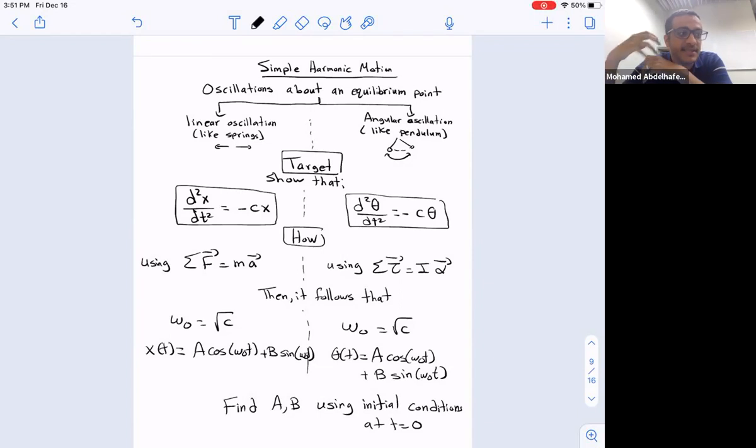Some restoring force is always trying to push it to equilibrium, so it just oscillates about the equilibrium. But we have dealt with different types of motion in this course, so the oscillation can happen linearly, like in X or in Y. That's a linear oscillation.